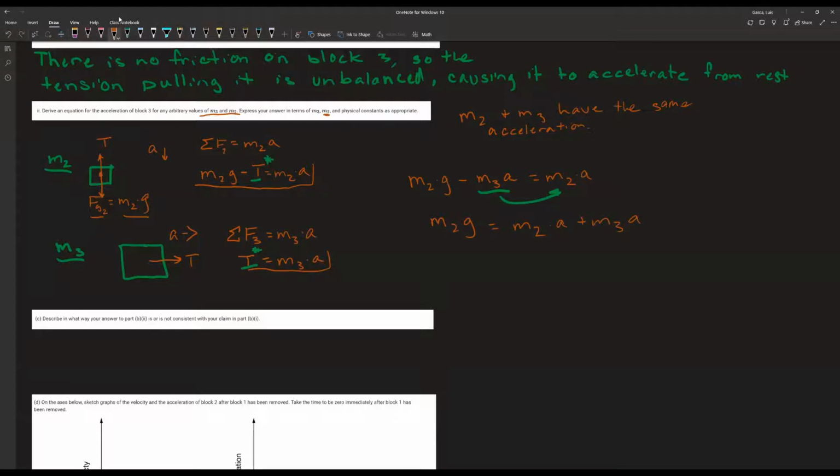We factor out an A, and we get M2 times G over M2 plus M3 as the acceleration of the system and the acceleration of each block, because the only force acting on that system is the net force from these blocks, which is the weight of block 2. And then the mass of the system is M2 plus M3, the total mass of the system. So very good. Most of you got this answer, so very nice.